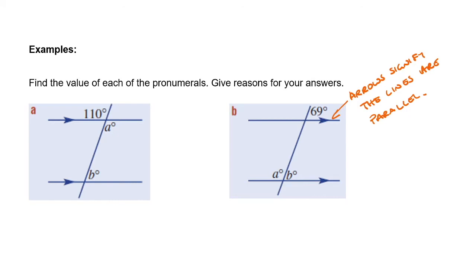Our first problem, we've got two pronumerals to find in each one. In our first one there, we've got 110 degrees, A degrees, and B degrees. Now, A and B are one of our special types of angle, which is the co-interior angle.